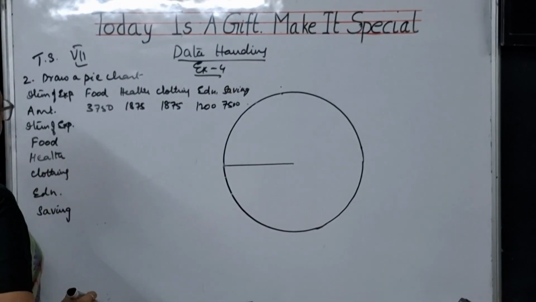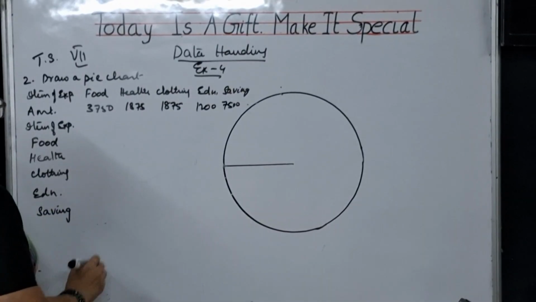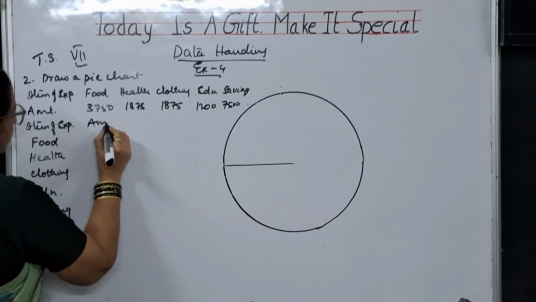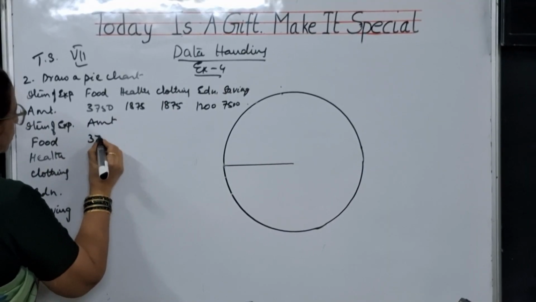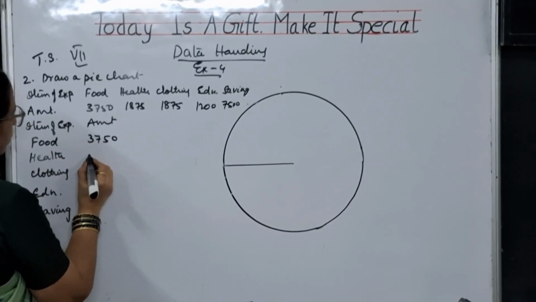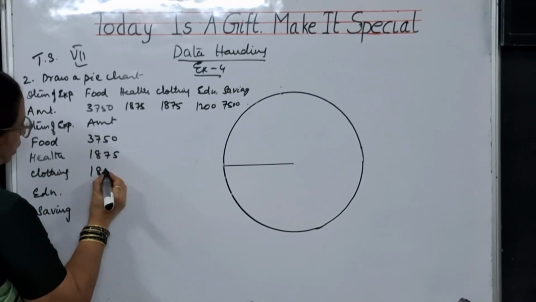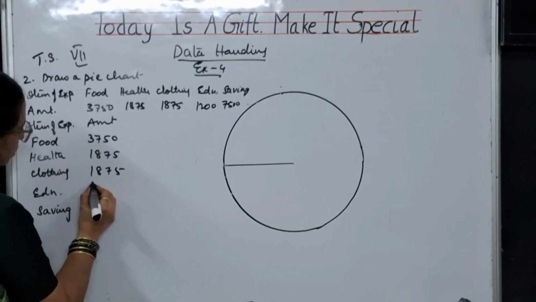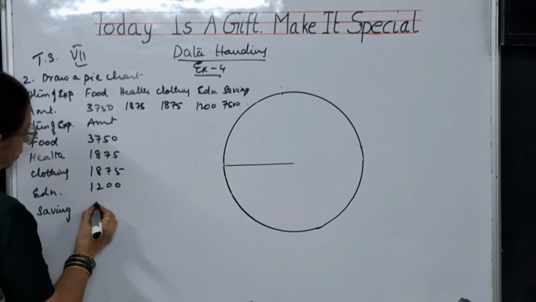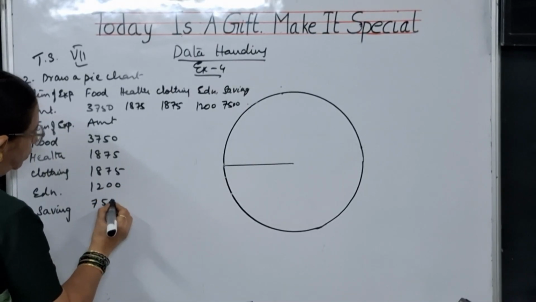So these are given to you. So what is the amount? Amount on food 3750, health 1875, clothing 1875, education 1200, and saving 7500.